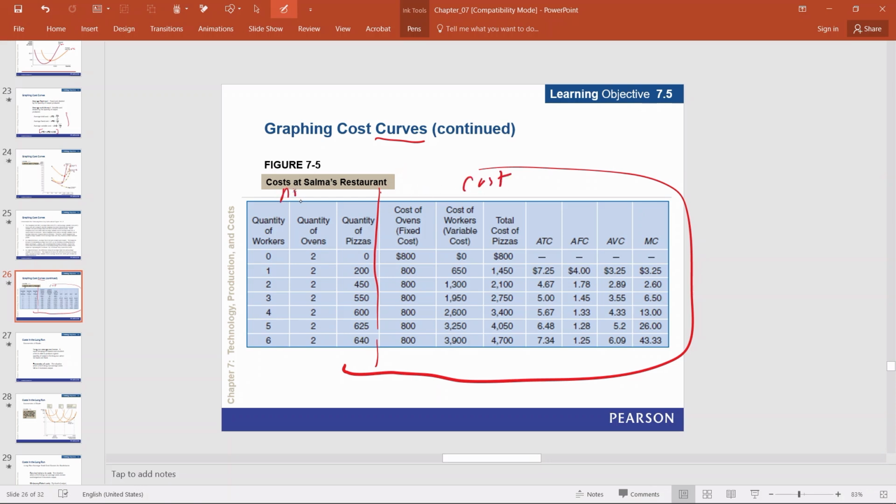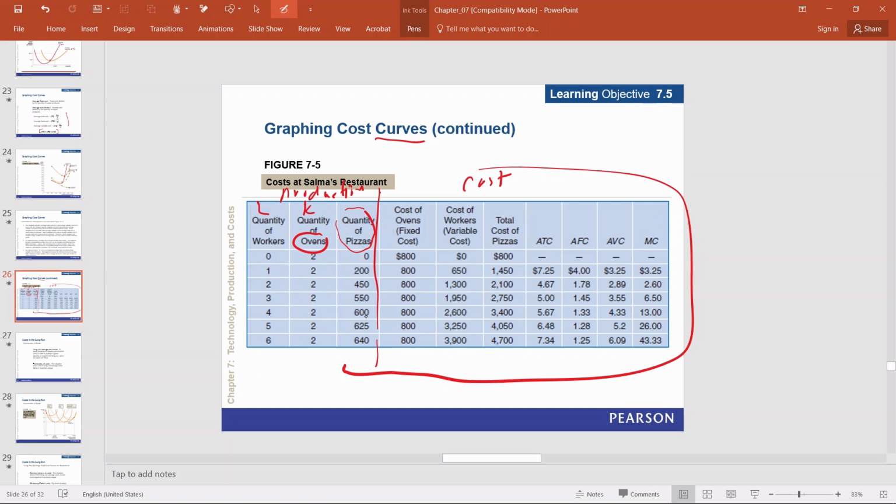This is production side, and this is the quantity of production. We have labor and we have capital, which is the oven. As the number of labor increases, labor is the variable input, and the oven is the fixed input.